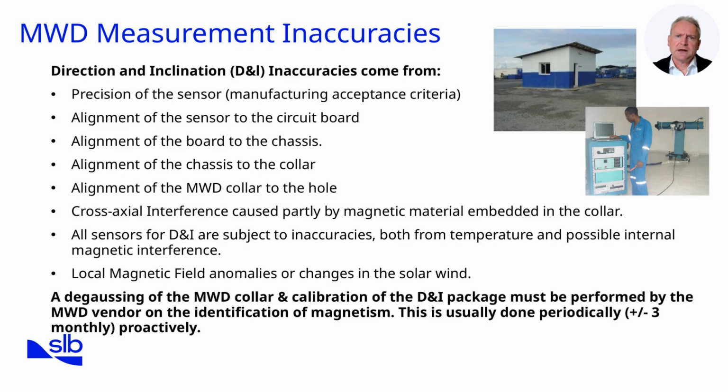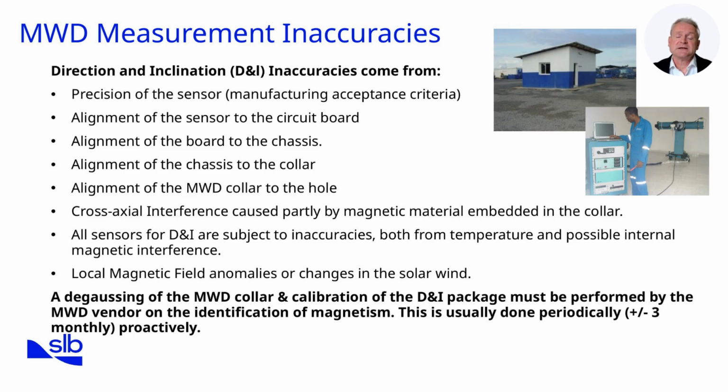Measurement while drilling, MWD tools play a crucial role in well trajectory monitoring, but despite their sophistication, they are subject to multiple sources of inaccuracy. These inaccuracies primarily affect direction and inclination readings.